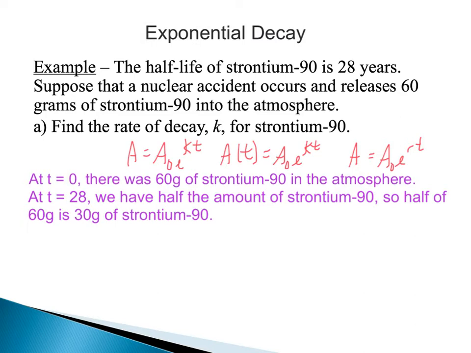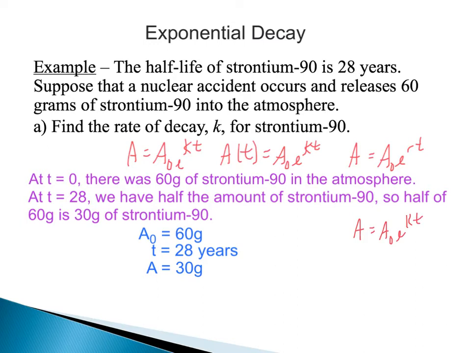So in order to find k, we have that our A sub 0, our original amount, was 60 grams. For t equal to 28, we had an A that was equal to 30 grams. So this means that if I'm substituting into one of our formulas, I'll use A equals A sub 0 e to the kt.